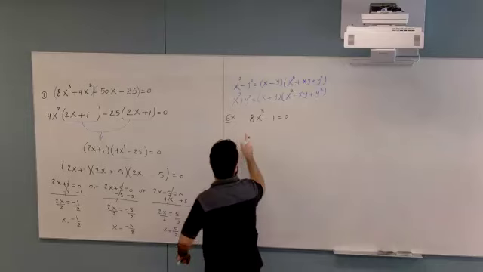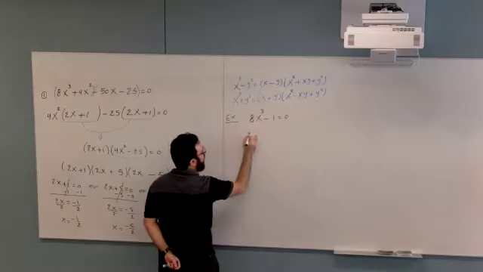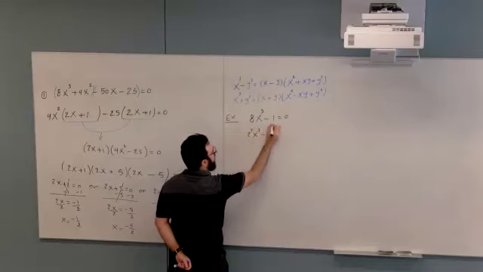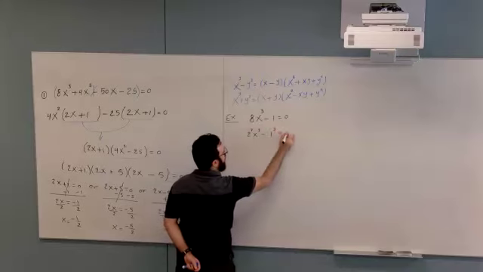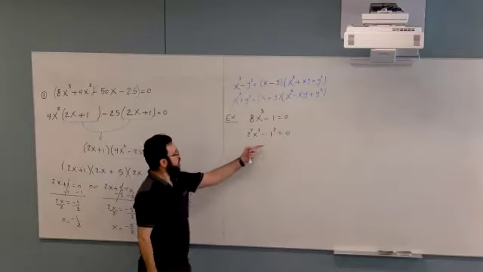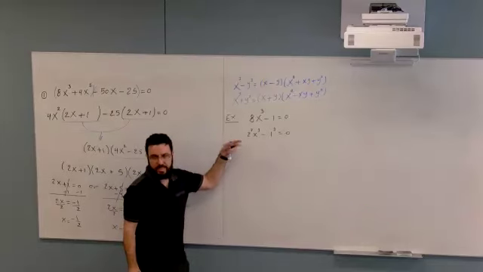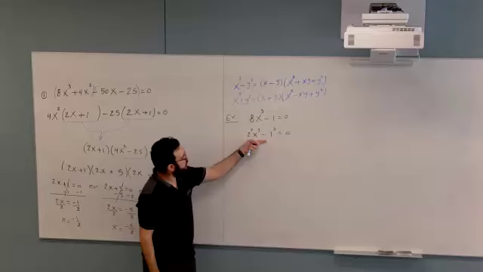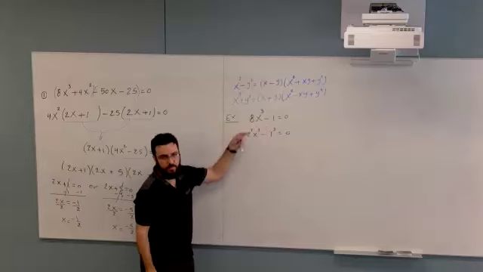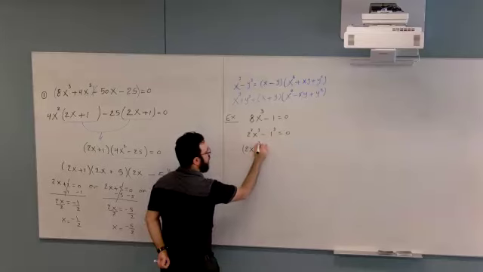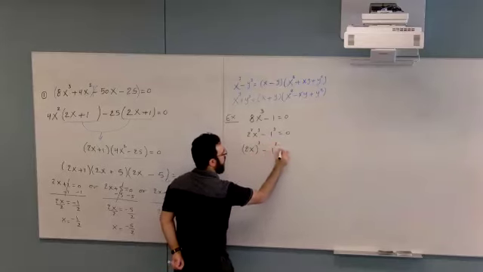So you can write down 2 here as 2 cubed, x cubed, minus 1 is 1 cubed. But you don't have to do this step, I'm doing it so you can understand. Now, can I write this as (2x) cubed minus 1 cubed equals 0?